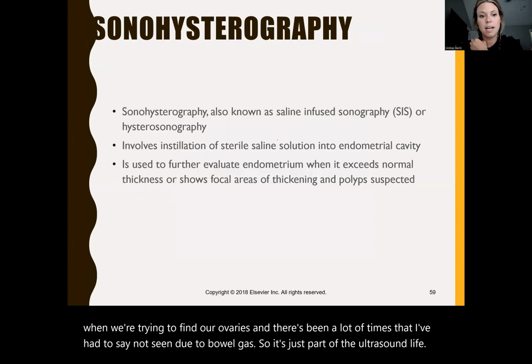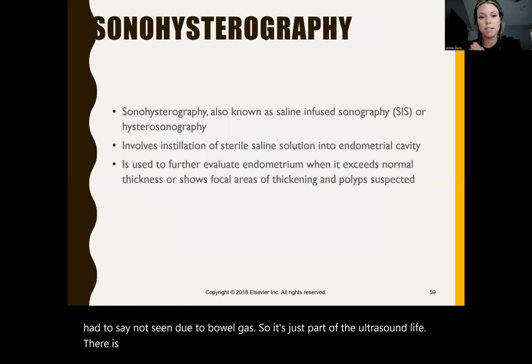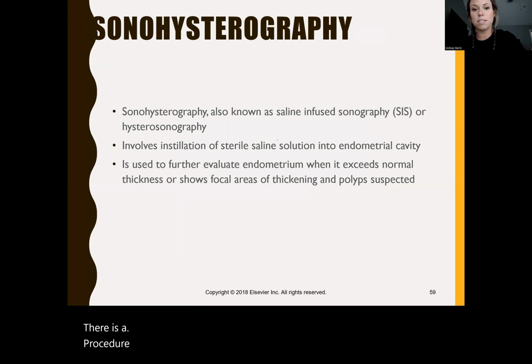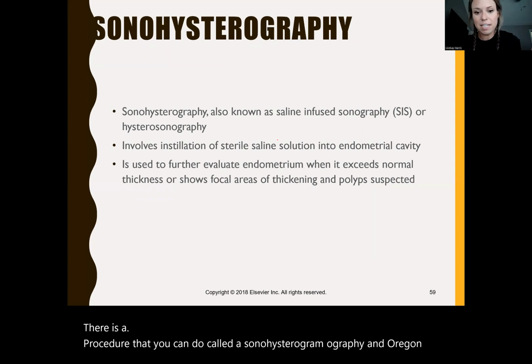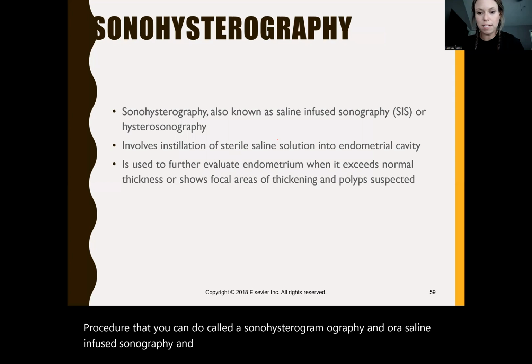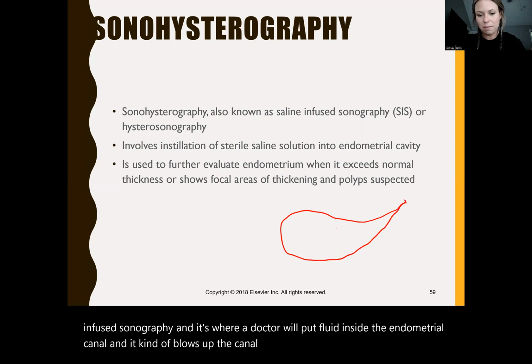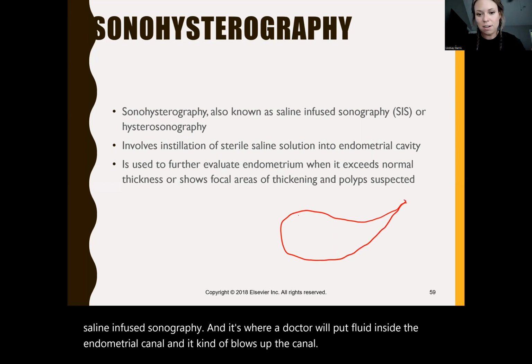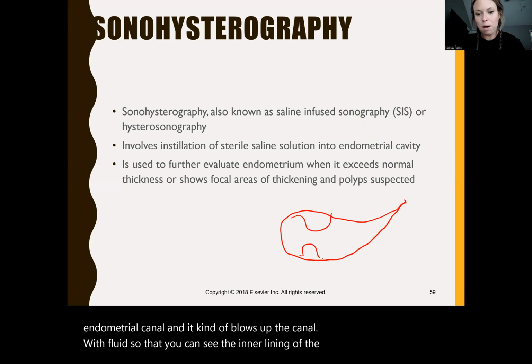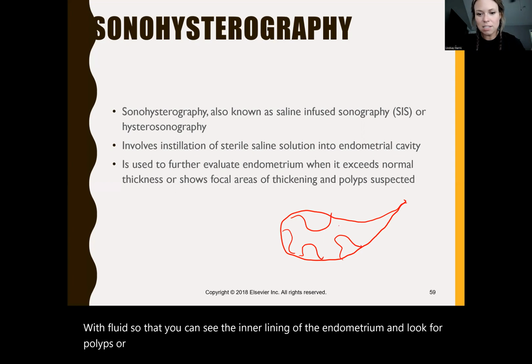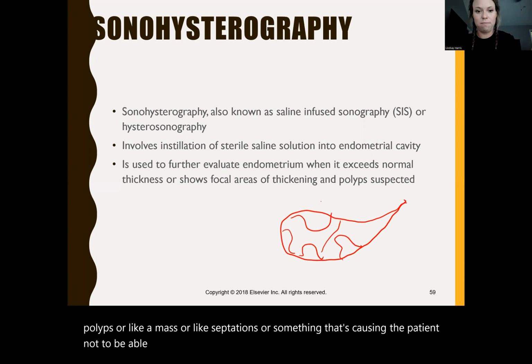There is a procedure that you can do called a sonohysterography, or a saline infused sonography. A doctor will put fluid inside the endometrial canal, and it blows up the canal with fluid so that you can see the inner lining of the endometrium and look for polyps or a mass or septations or something that's causing the patient not to be able to conceive.